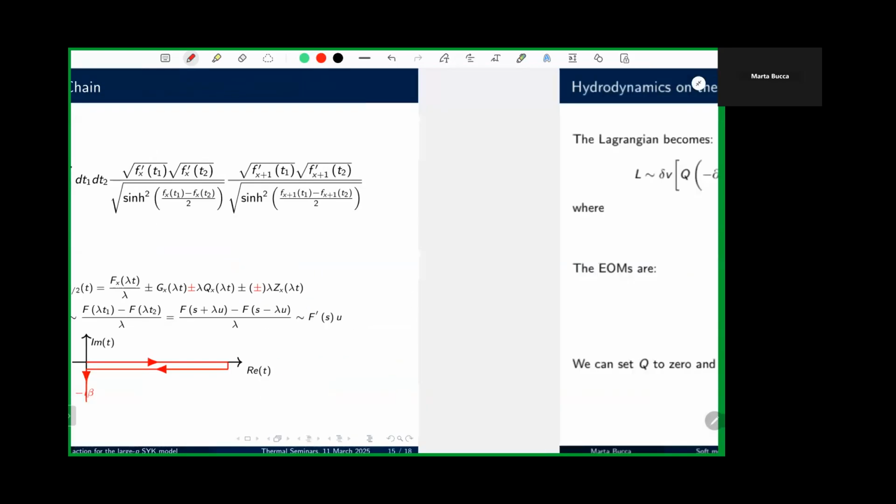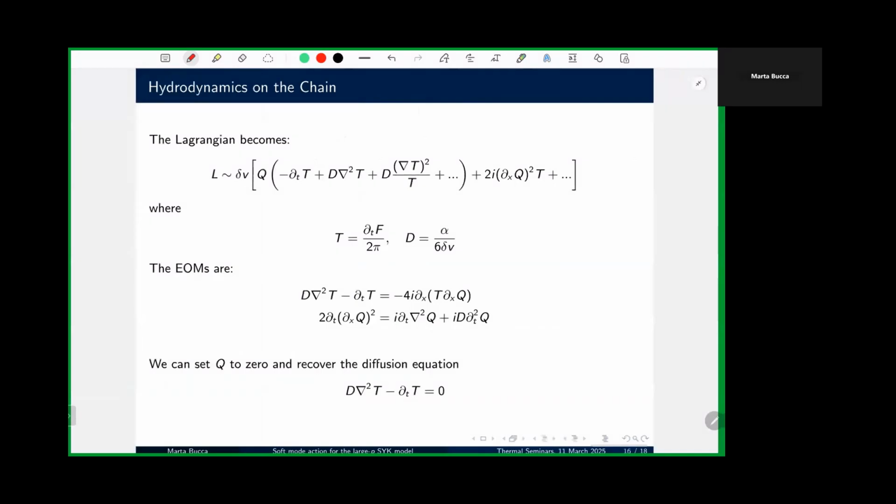And if you do all of this, you find the following expression for your Lagrangian, where we have defined T, the local temperature. As I mentioned before, it was connected to small f prime. And so here it is defined as a derivative with respect to time of big F over 2 pi. And then we also define this quantity V as alpha over 6 delta V.